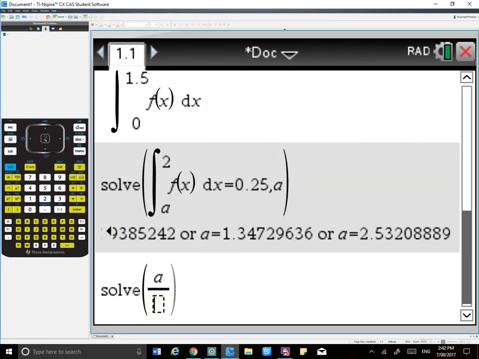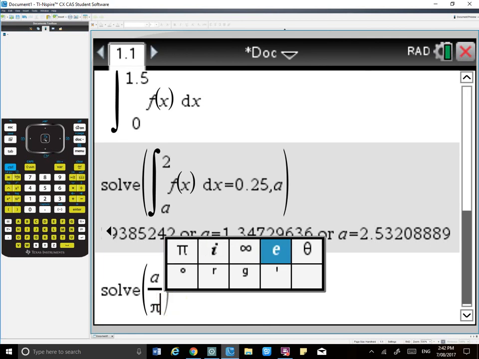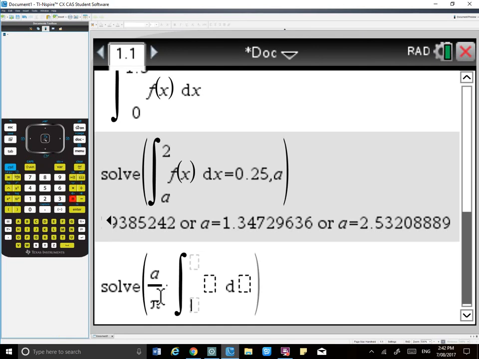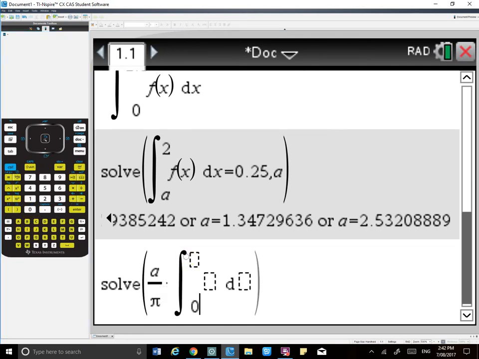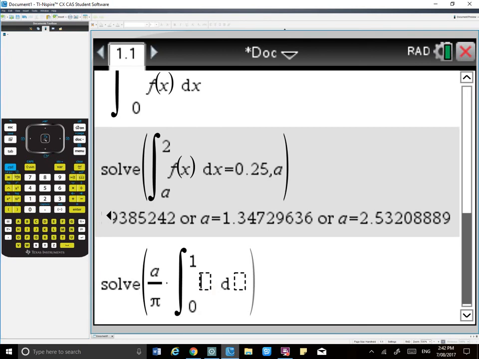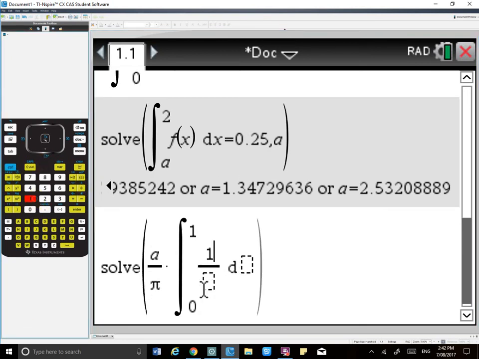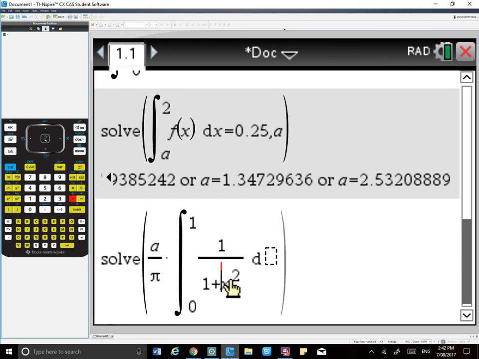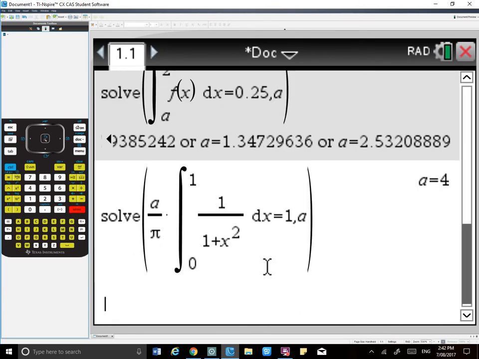Okay, I'll say just a over pi times integral 0 to 1 of 1 over 1 plus x squared dx equals to 1, comma for a, equals to 4.